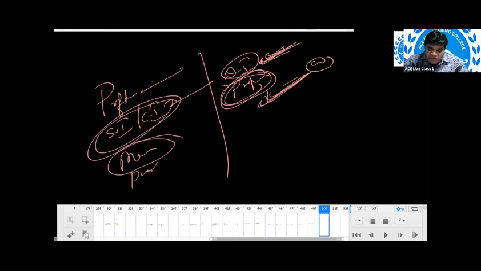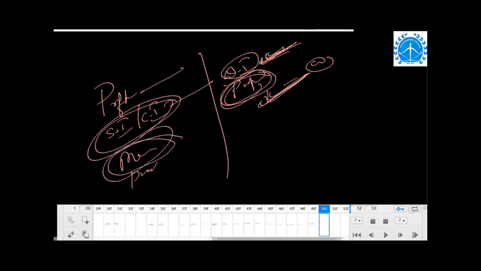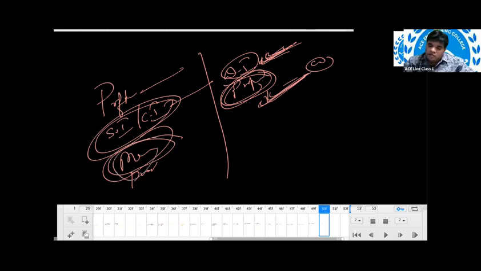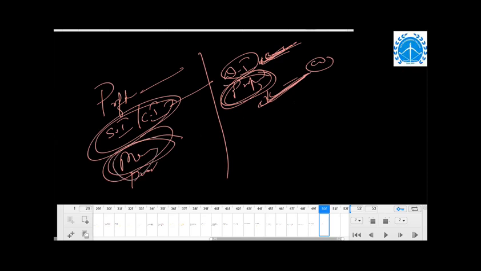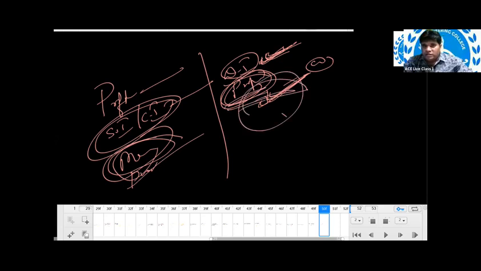Mensuration taken exactly 1 day, 1-2 hours completely. Only 1 day is left. So permutation, combination, probability, all mixing it.